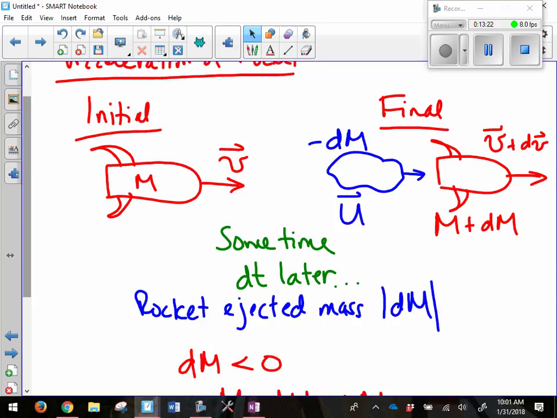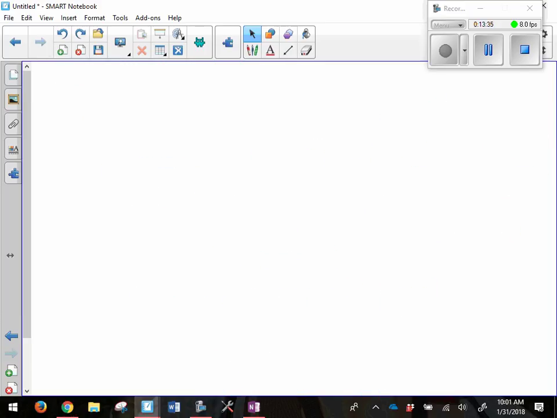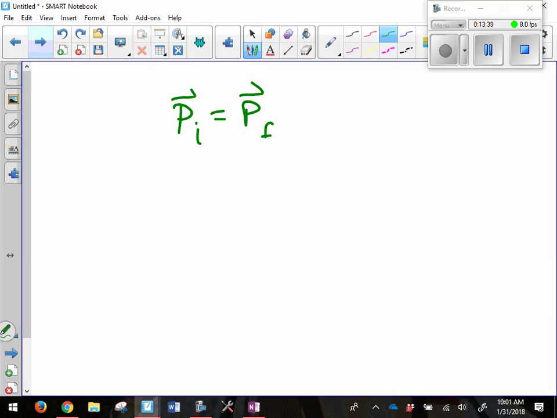All right. So, of course, if I've gone to all the trouble of calling this a special case of conservation of momentum and writing an initial state and a final state, I'm going to conserve the momentum, right? So I'm going to say that the momentum in my initial state is going to be equal to the total momentum in my final state. So initially, I've just got the mass of the rocket and its velocity.